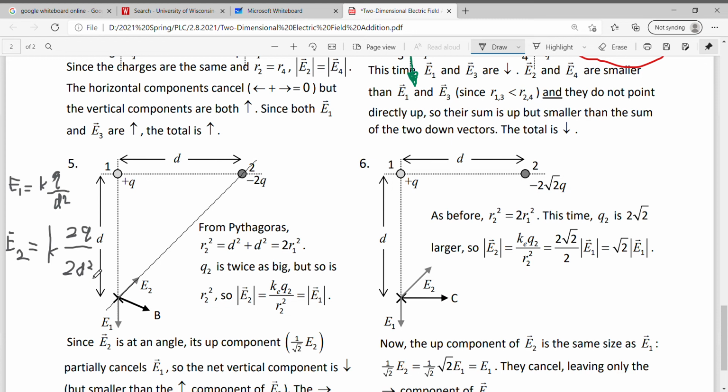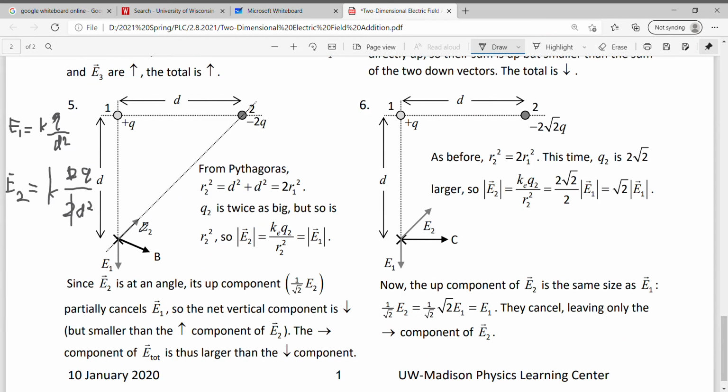We cancel these two out, which means E1 and E2 are equal. Because they are equal, and this is 45 degree, this is 45 degree, if you draw this very carefully, you can find the summation of E1 and E2 will be pointing in this direction.